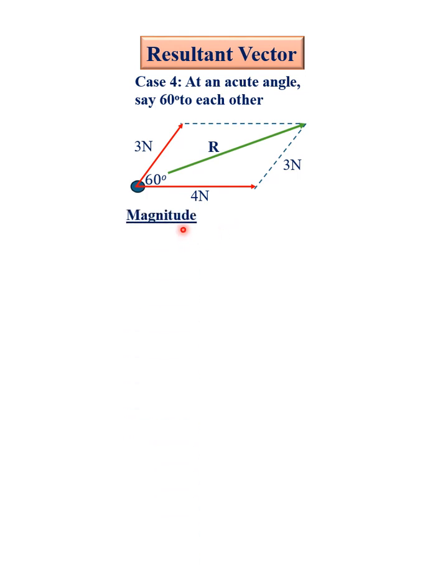But before we solve for the magnitude, let us look at this triangle here, the bottom triangle of this parallelogram. We have 4 Newton force here and 3 Newton force here. 4 is one side of this triangle, 3 is another side of this triangle.